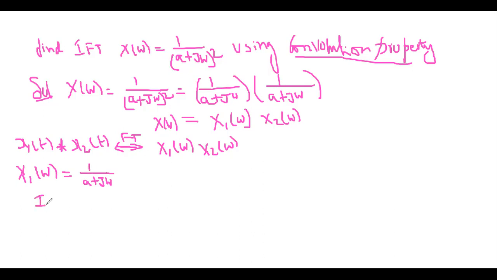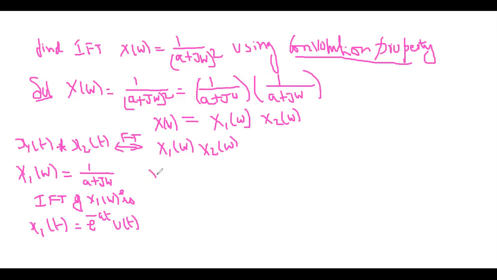So the inverse Fourier transformation of x1 of omega, that is 1 by a plus j omega, is x1 of t is equal to e power minus at mu of t. I'm finding only the x1 of omega, not the x of omega here, what they given.